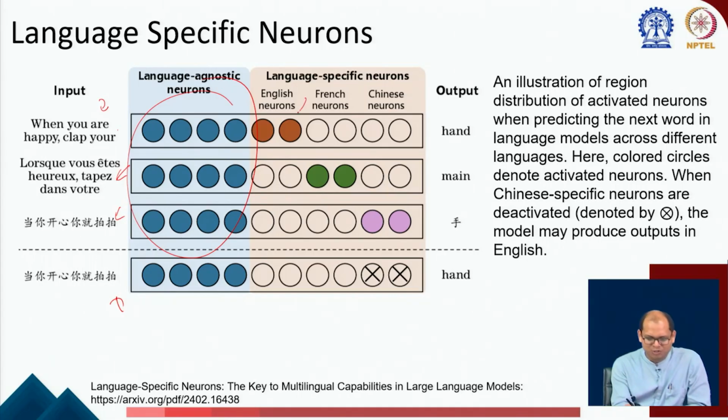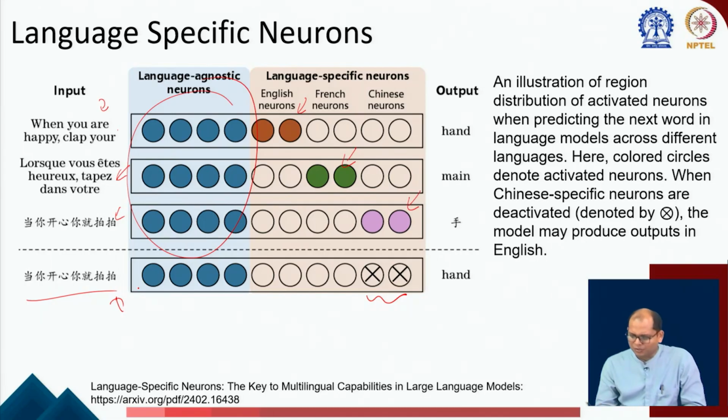Like there are certain English neurons that will process this English text, there are certain French neurons, there are Chinese neurons that are processing different languages, right. And you may even turn these off, like you may turn off these Chinese neurons and suddenly you see a huge drop in the performance. So, performance drops immediately when you turn off Chinese neurons and try Chinese language input, right. So, that gives much more evidence that there are language specific neurons involved in the model.